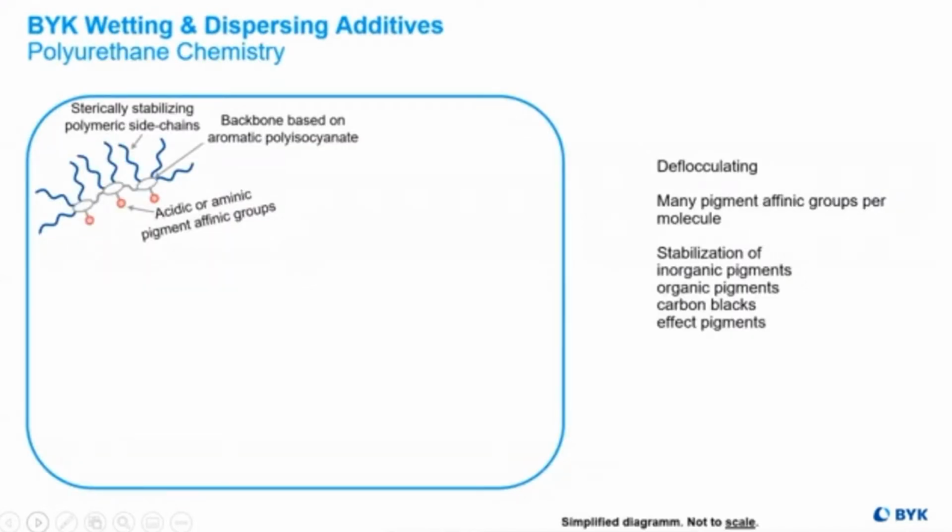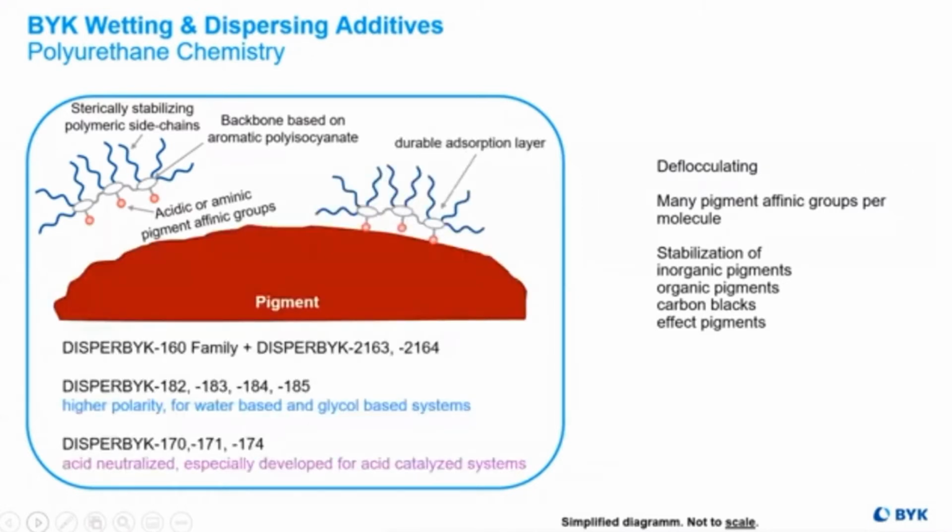Developing not just one, but a family of polyurethane products enhanced steric stabilization mechanisms with polymeric side chains and increasing absorption to organic pigments provided excellent wetting, dispersion, and long-term storage stability. These are the key indicators and the key factors of wetting and dispersing additives.